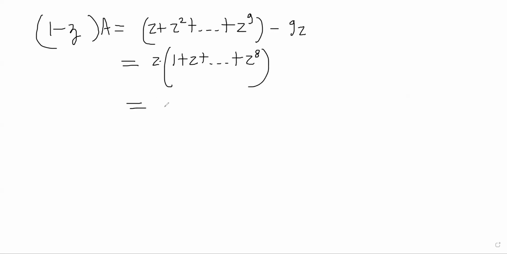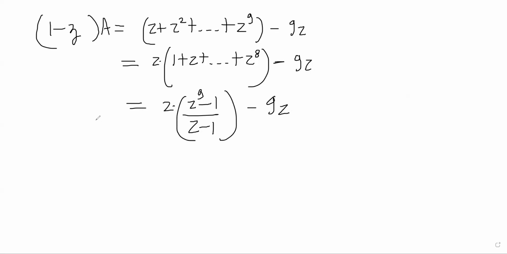There are 9 terms overall, so this is z power 9 minus 1 by z minus 1. There was a minus 9z here, so minus 9z. We have 1 minus z times a is equal to this, right? So what we can do is find the value of a by simplifying this expression.